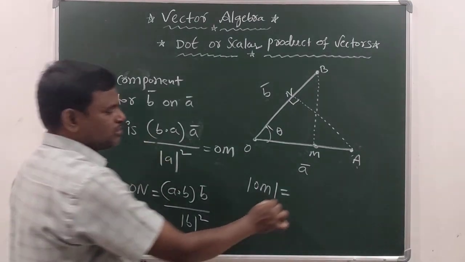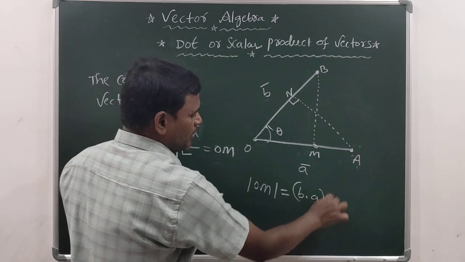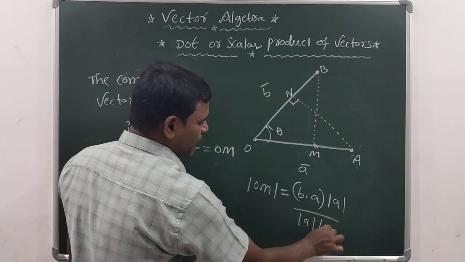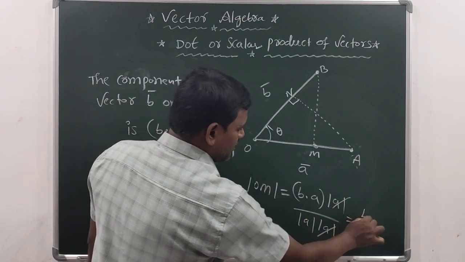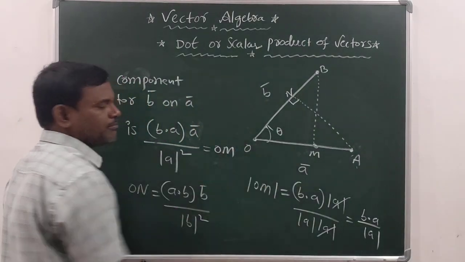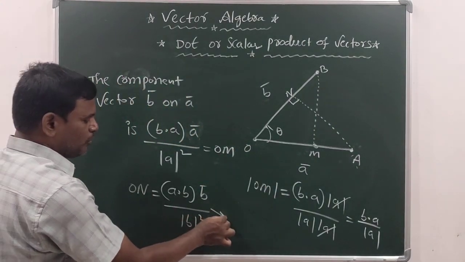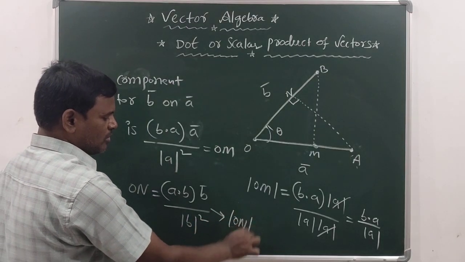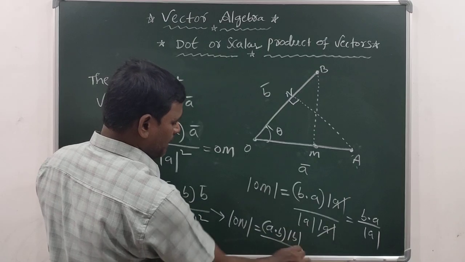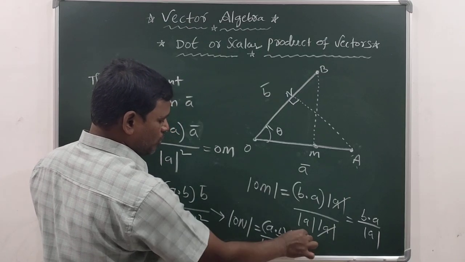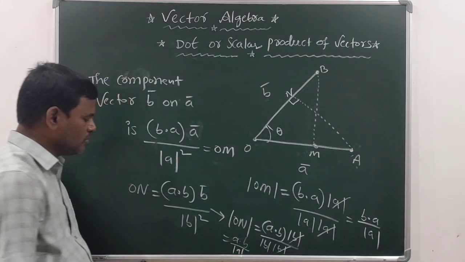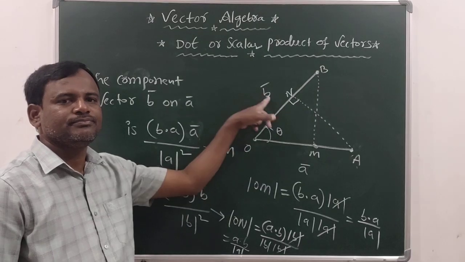Apply mod on both sides, so you get B dot A magnitude of A by magnitude of A whole square. You can write magnitude of A, magnitude of A, both of them cancel. B dot A by mod A. This is the length of OM. In the same manner, apply magnitude for this, so you get A dot B mod B by mod B whole square, which means mod B into mod B, both of them cancel, which is equal to A dot B by mod B. So this is the length of ON.